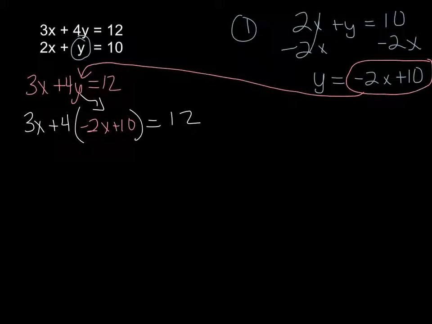Now that I have my substitution done, we're going to solve this equation. So we're first going to distribute. So 4 times negative 2x is negative 8x, and 4 times 10 is 40. I'm going to carry everything else down. I'm going to combine my like terms.